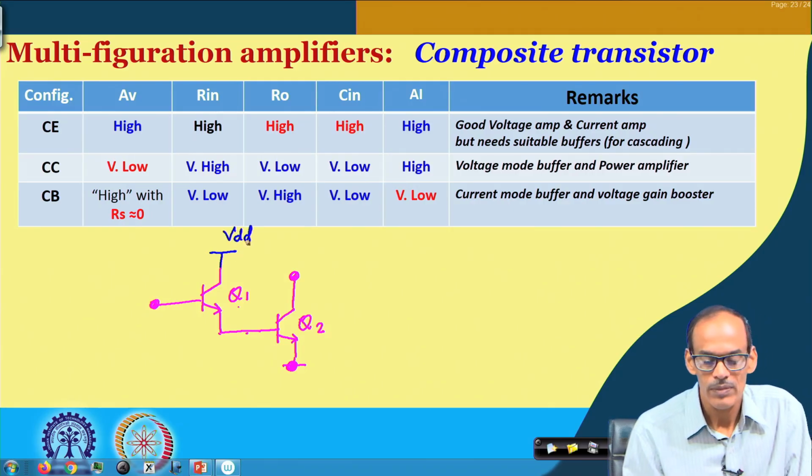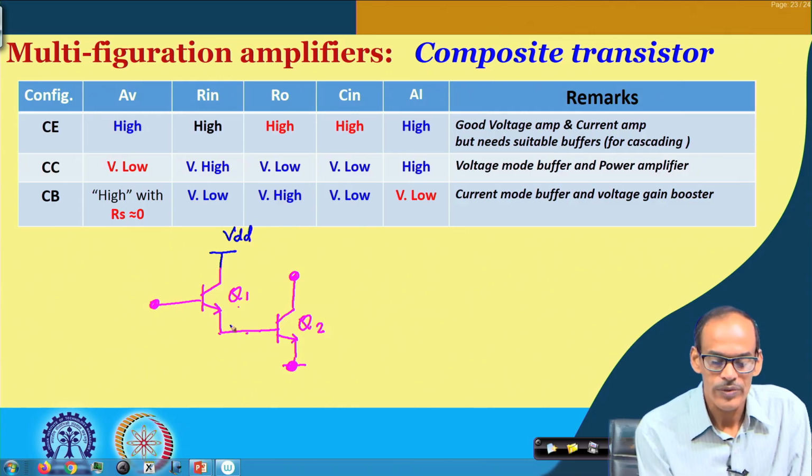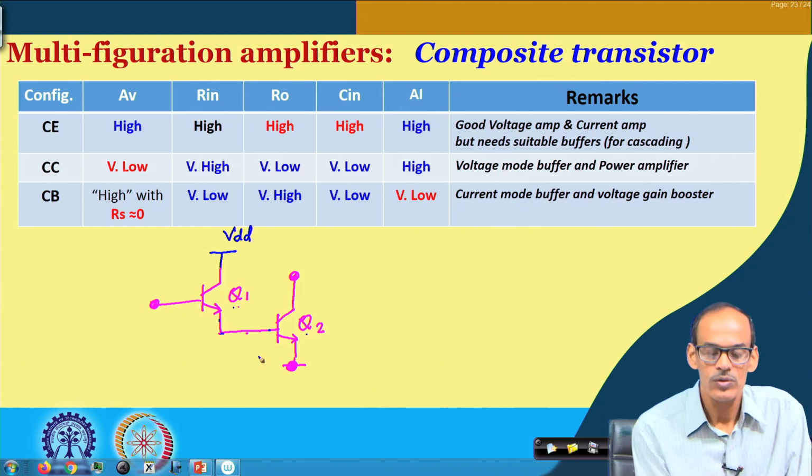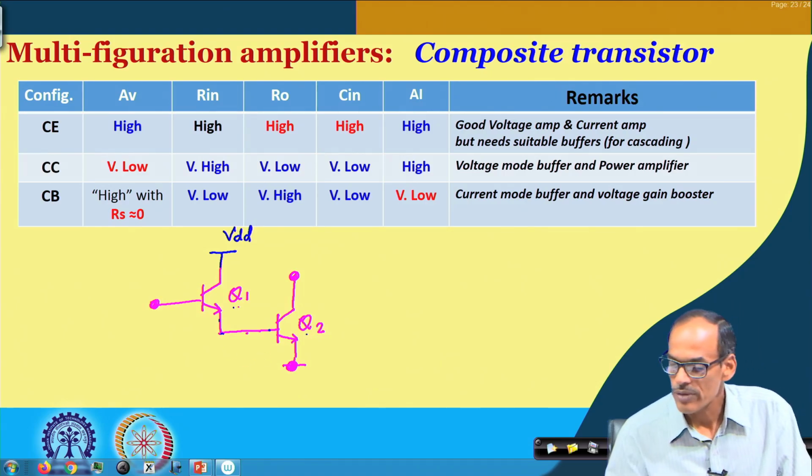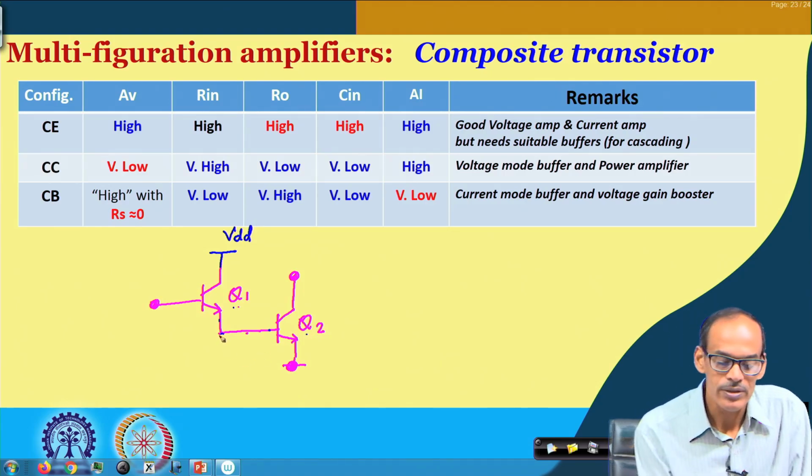Say VDD. So, if you see this configuration, whenever we have the emitter current of Q1 coming here, either the entire emitter current needs to be consumed by the base terminal of Q2, or we should have some bypassing arrangement here.